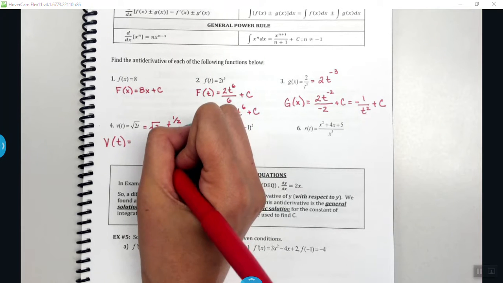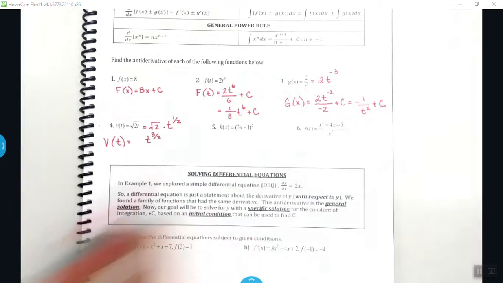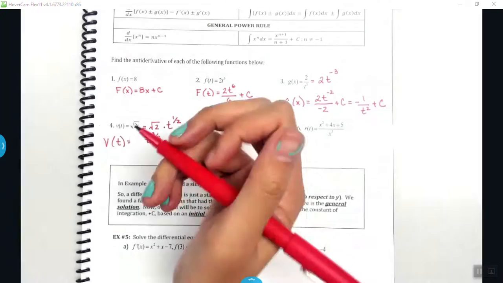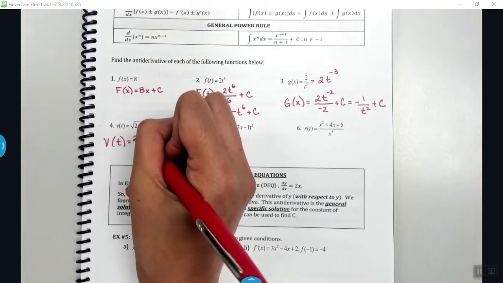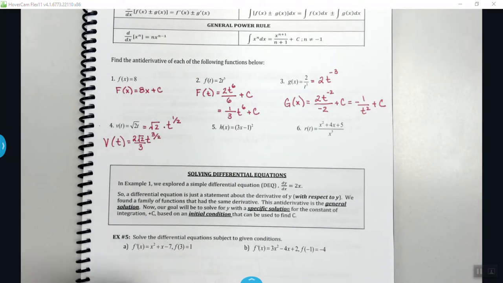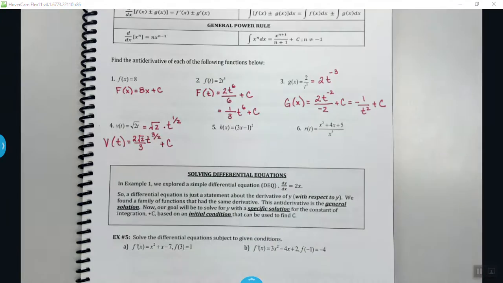That would make it t to the 3/2. But then we're going to divide by 3/2 or multiply by 2/3. So we'll make this 2 root 2 over 3 t to the 3/2 to include the root 2 still. But then you have the 2/3. Don't forget your plus c, right?